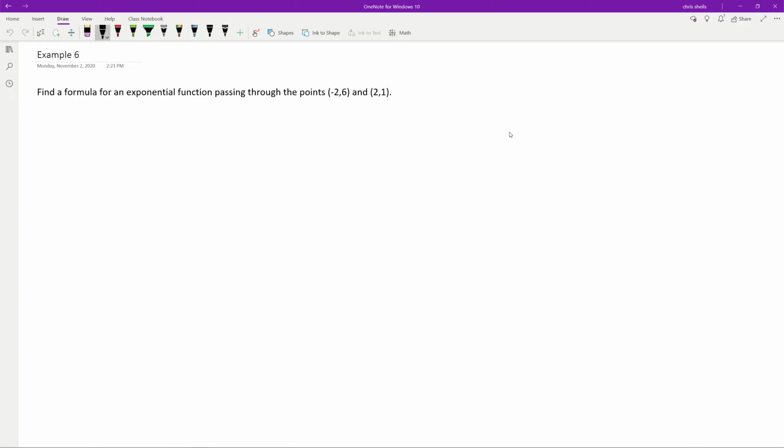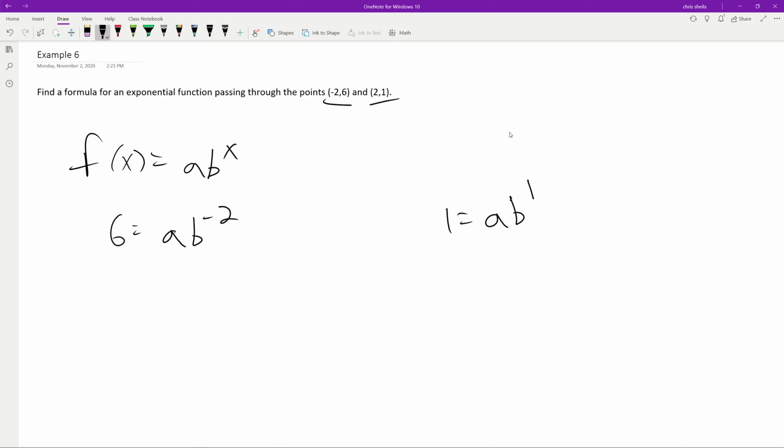If I remember that I have an equation in the form f of x equals a times b to the x power, and I substitute in the point (-2, 6), this gives me that 6 is equal to a times b to the -2. If I substitute in the point (2, 1), I get that 1 is equal to a times b to the second power.